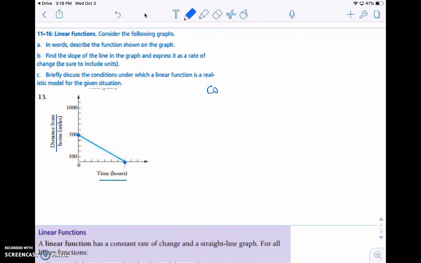So you'll want to include something like constant rate of speed towards your house for 7 hours, and then after 7 hours you arrive home.